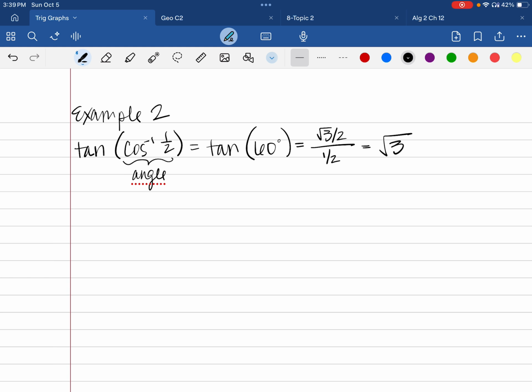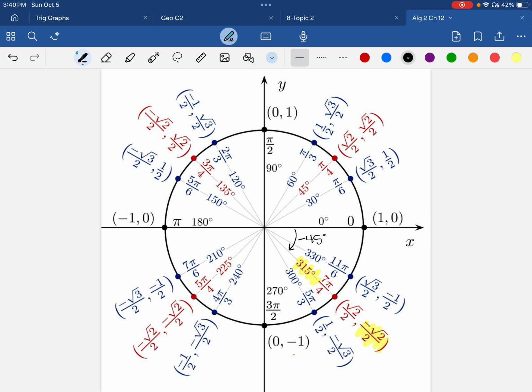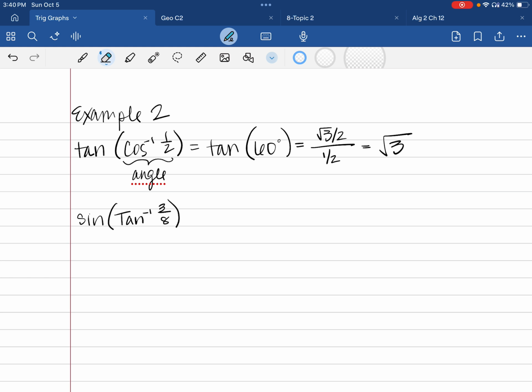For instance, the next example they have here under the guided practice 2a is sine of inverse tangent of 3/8. So 3/8 is not any of our values on the unit circle. Okay, so that means we can't use the unit circle to evaluate this one. You would have to just do it on the calculator.